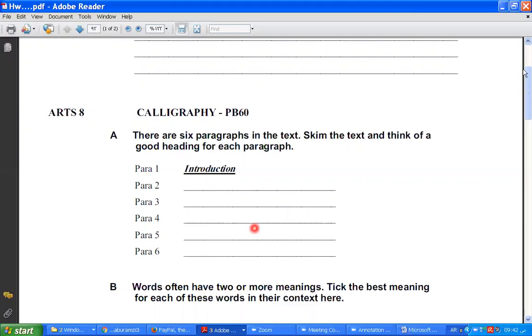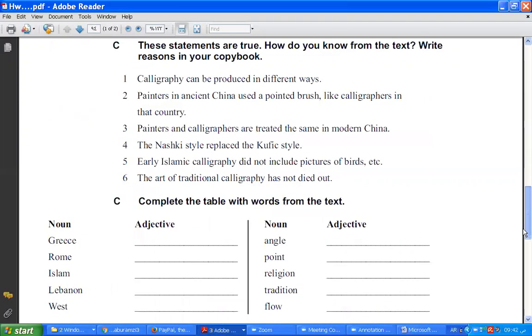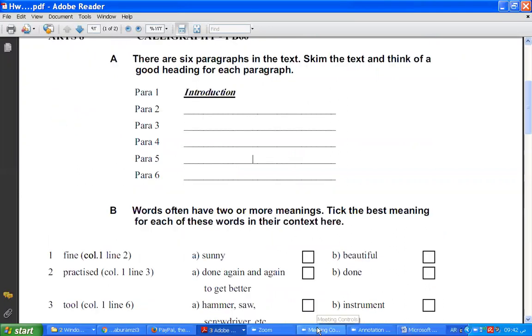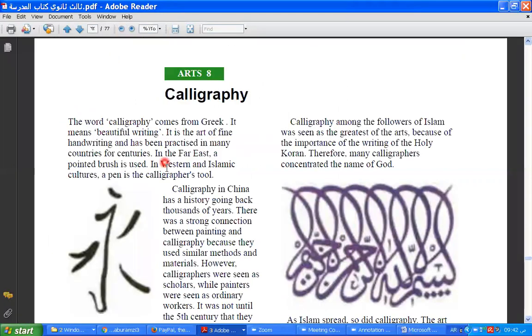This is in the workbook, on page 92. But you can write it in your course book, and later you can add it. So okay, Abdullah, we need to start with the first paragraph, so you can start reading, and then we discuss it. Okay, should I read? Yeah.